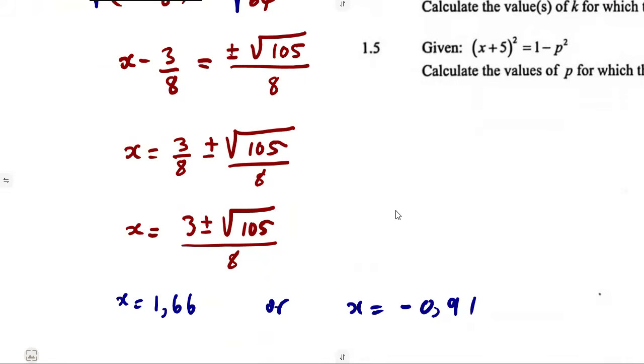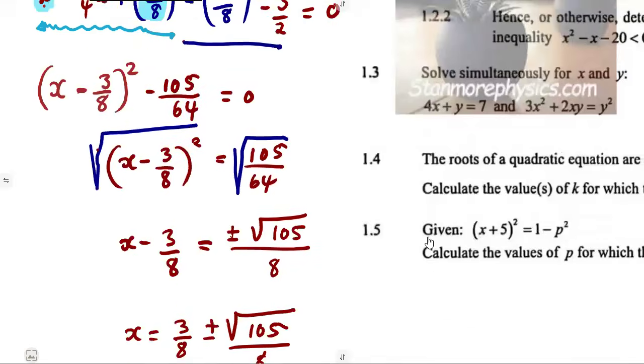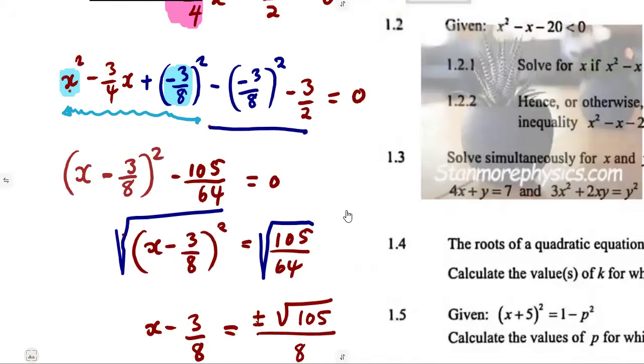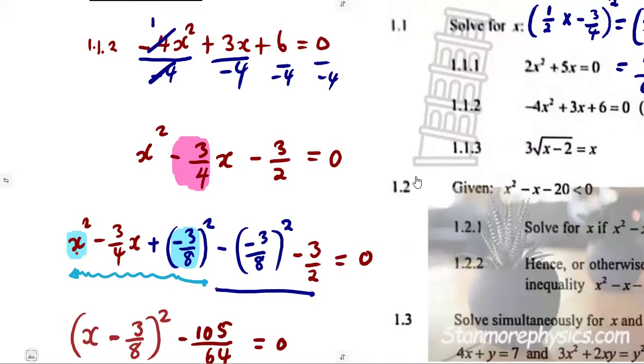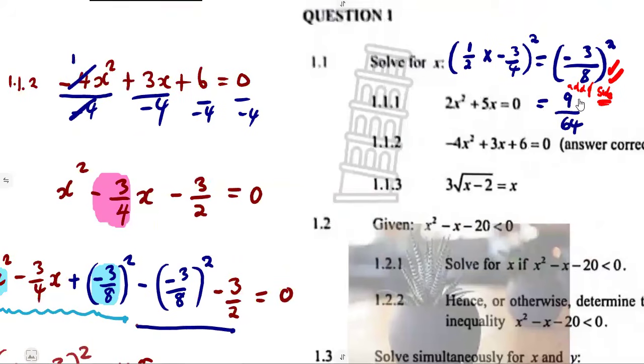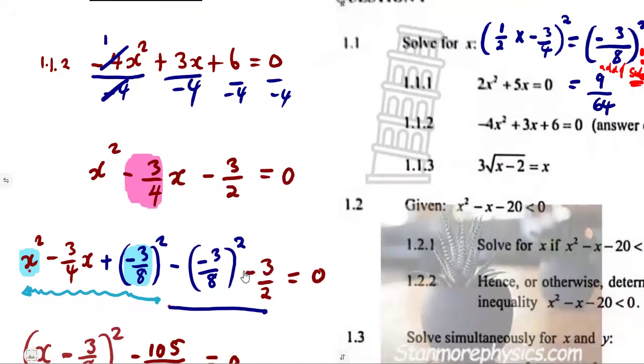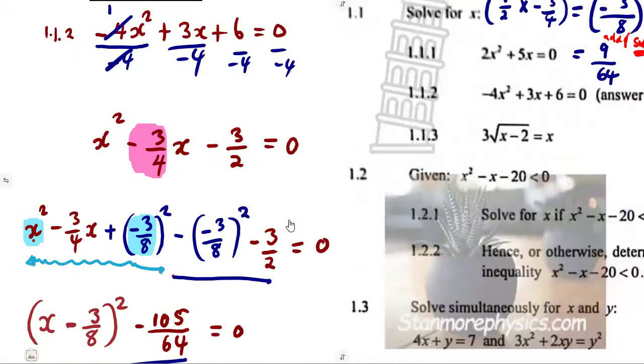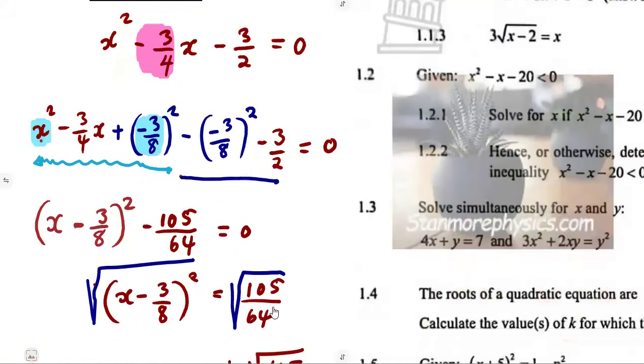Remember your instruction. So using the completing the square method, we can see that it is a method which requires a lot of stages in the simplification. But if you know these stages, you know that you need to find half the coefficient of x, then you square it, you add and subtract that, factorize, and another part simplify, then from there you can solve for x.